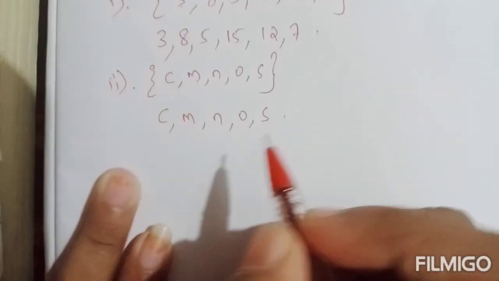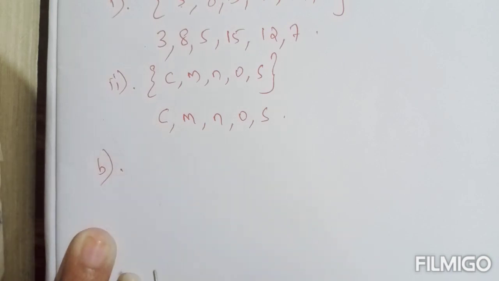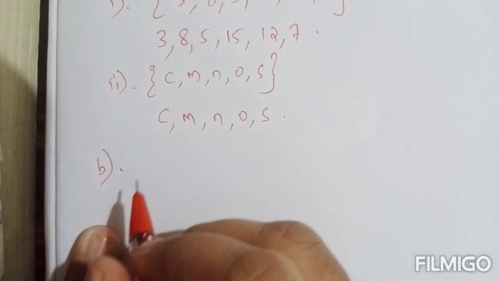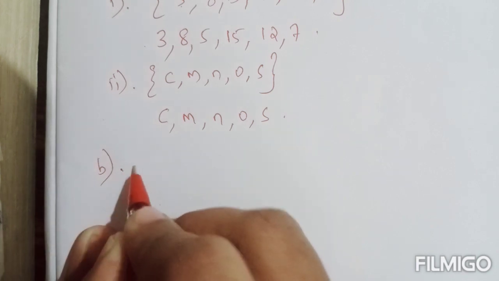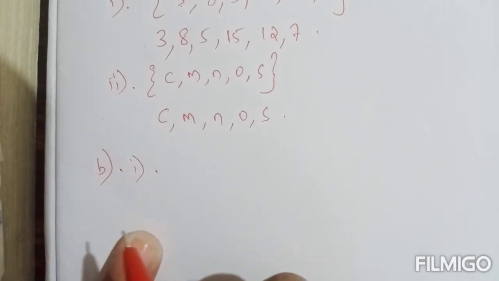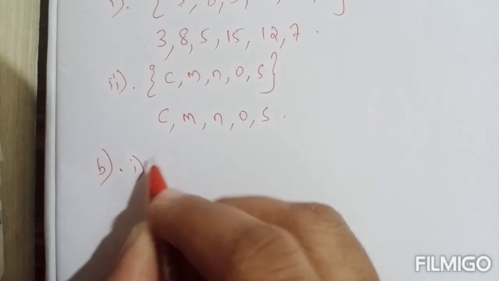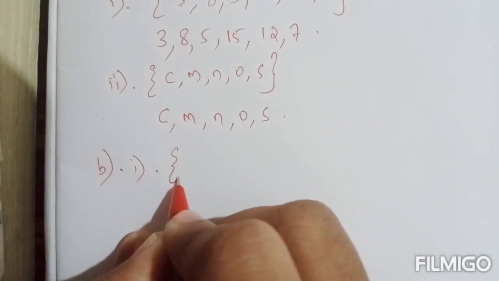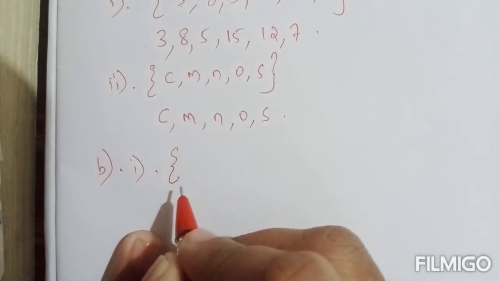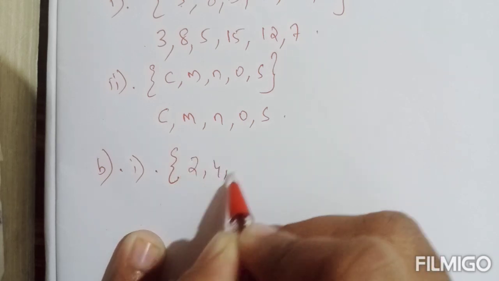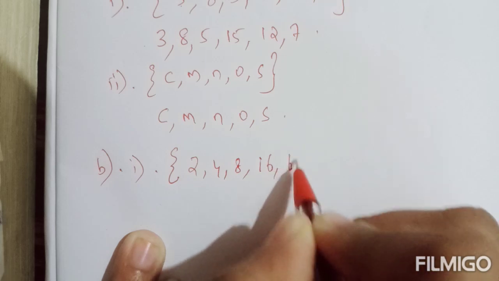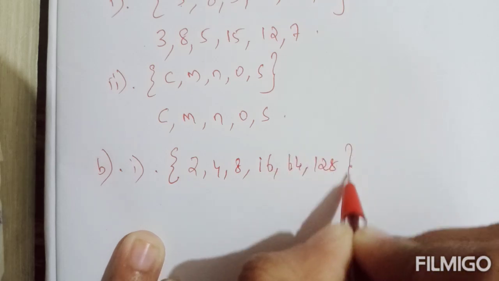Okay. In part B, write the set whose elements are 2, 4, 8, 16, 64 and 128. You have to write that set. We know that we will use curly braces to represent a set. So in curly braces, you can write 2, 4, 8, 16, 64, 128.